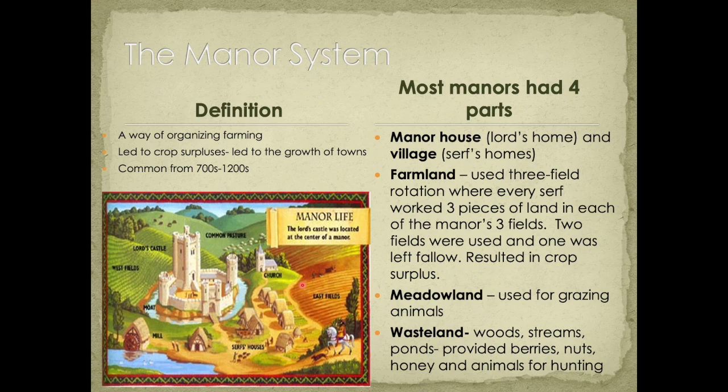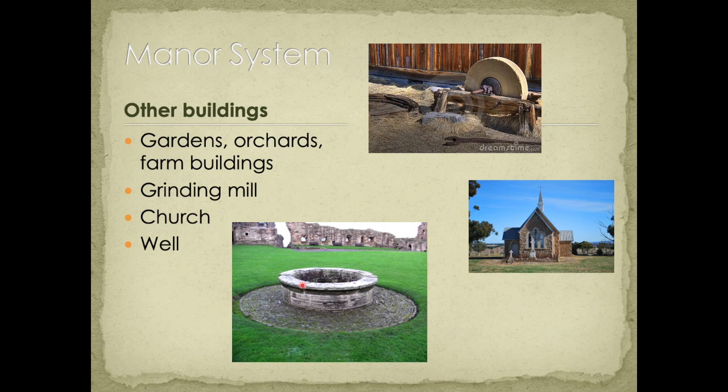You read about that in the worksheets, and we're going to go over that more coming up. You also have gardens, orchards, farm buildings, and the grinding mill over here, which ground the wheat into flour. There's an example of a church over there, and then the well for fresh drinking water that they would get from the ground.